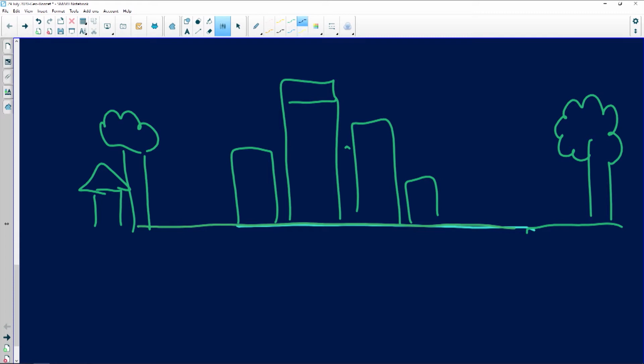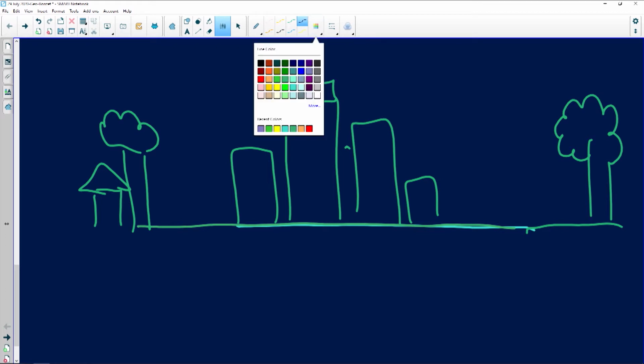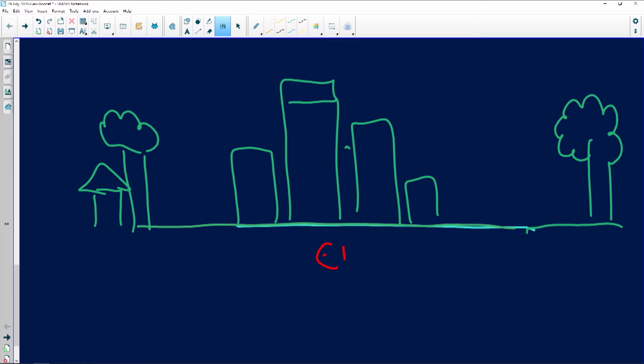So if you look at it, this is the CBD, and over here we have our rural areas. Now, the CBD obviously is our urban area.